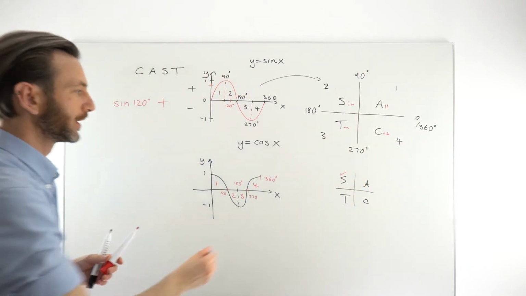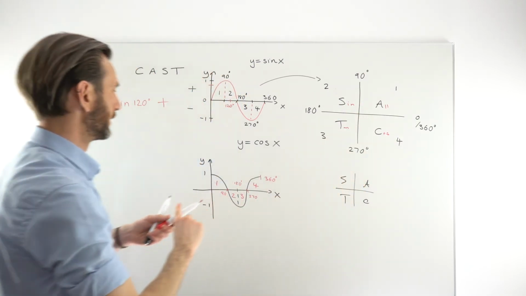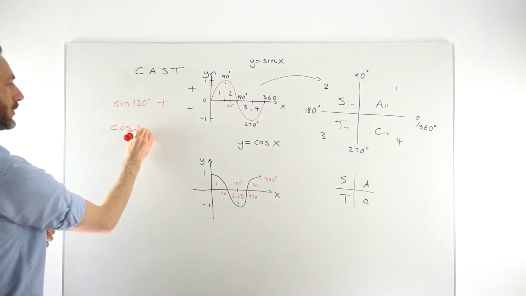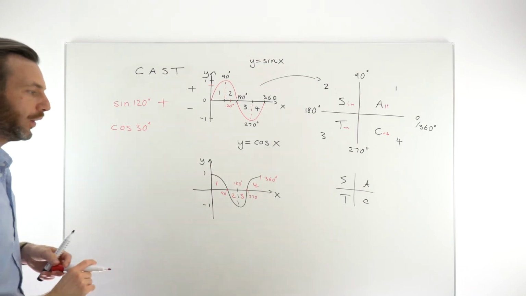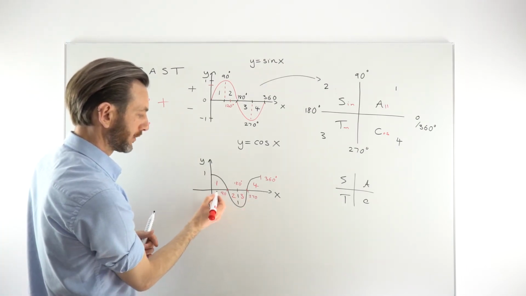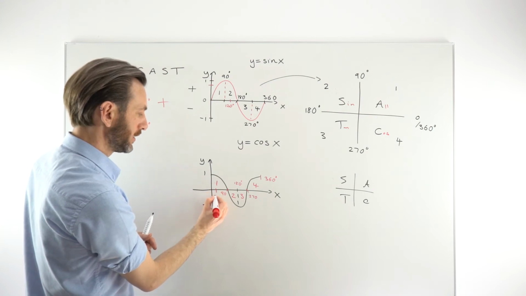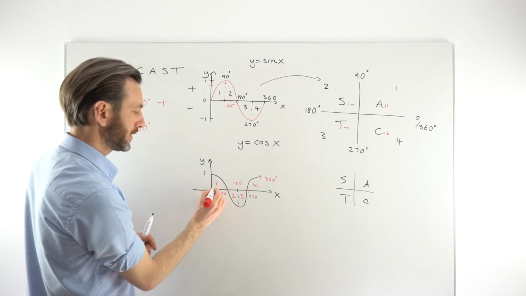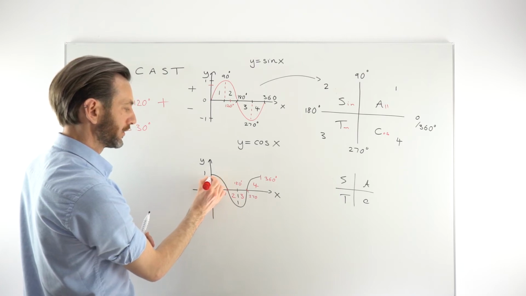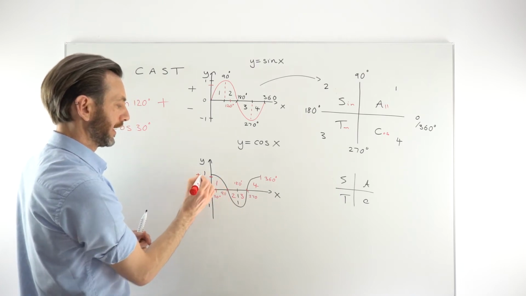So let's say that we were interested in some cosine values, like the cosine of 30 degrees. Well, 30 degrees according to the actual diagram of the cosine graph is around there. So if we mark that on, 30 degrees, if we go up till we hit the graph and then over, we're going to land somewhere there. So that's definitely a positive value.